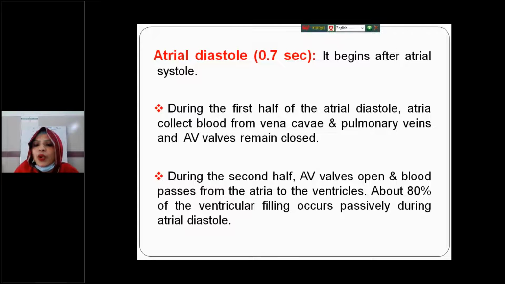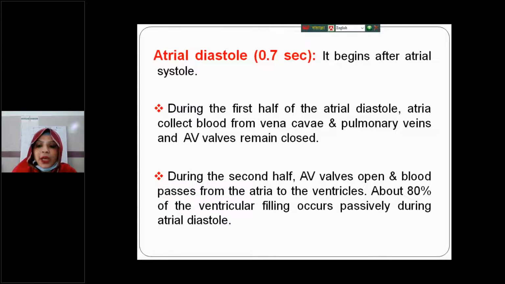There is no need for any atrial muscle contraction here. That is passively 80% of ventricular filling, blood goes towards the right ventricle and left ventricle without any work. That is, 80% of the ventricular filling occurs passively during atrial diastole.